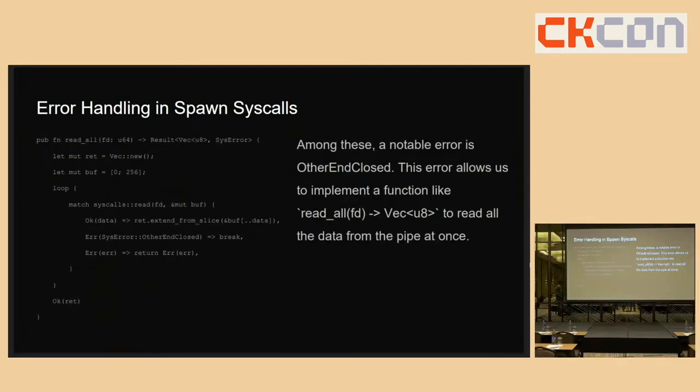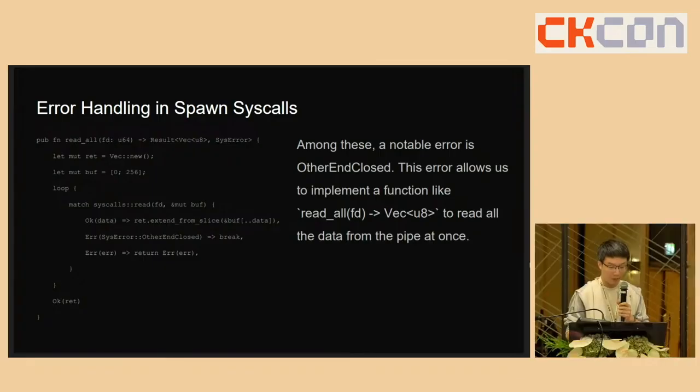Among these, a notable error is other end closed. This error allows us to implement a function like read_all to read all the data from the pipe at once. Many programming languages provide similar functions in their standard libraries, and you can easily implement this functionality yourself in the CKB VM.